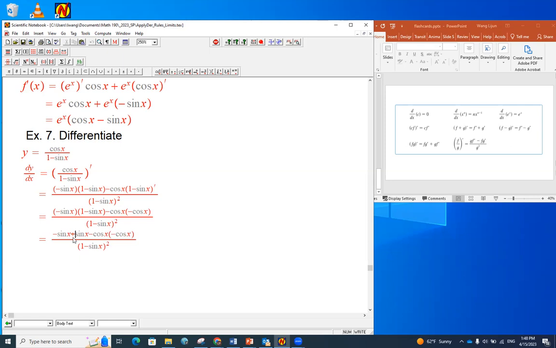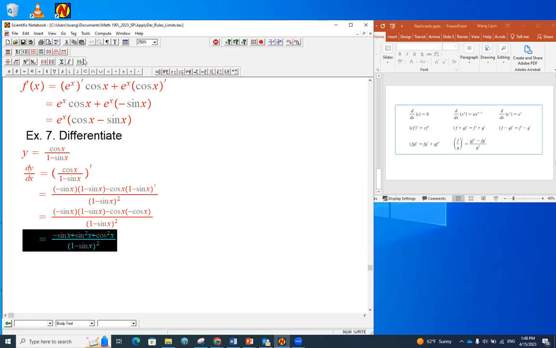Negative sine x times 1 is negative sine x. Negative sine x times negative sine x is plus sine squared x. Negative cosine x times negative cosine x is plus cosine squared x.